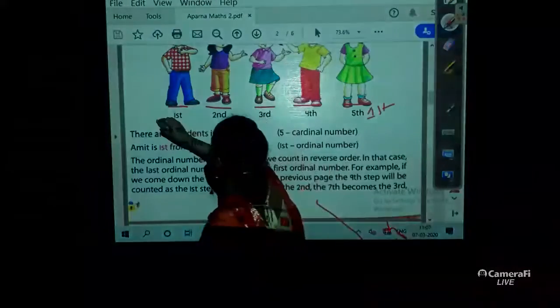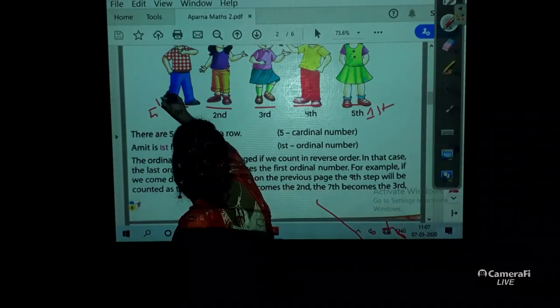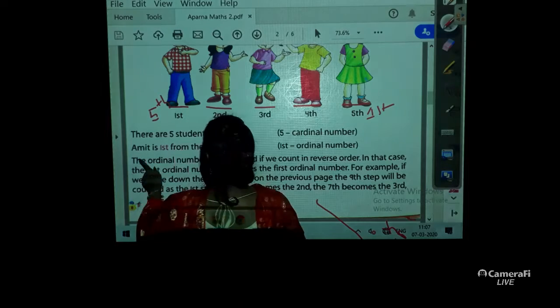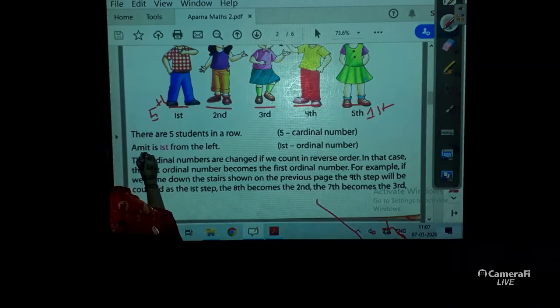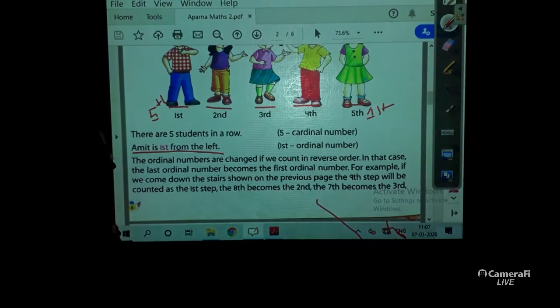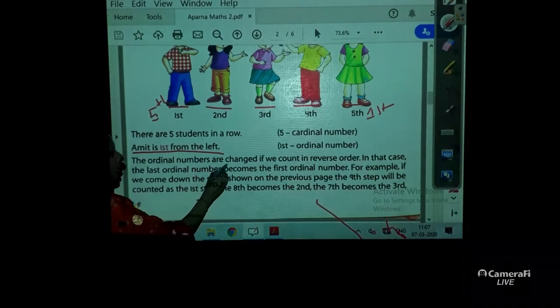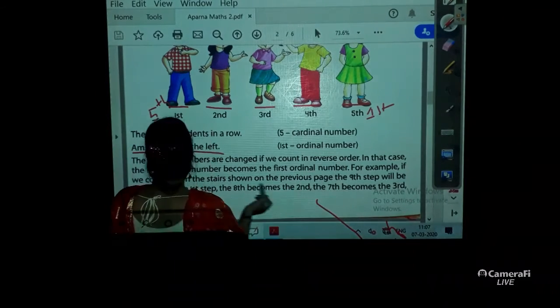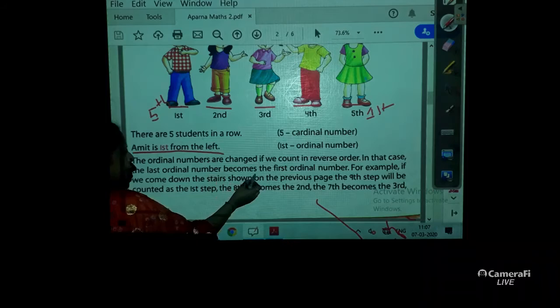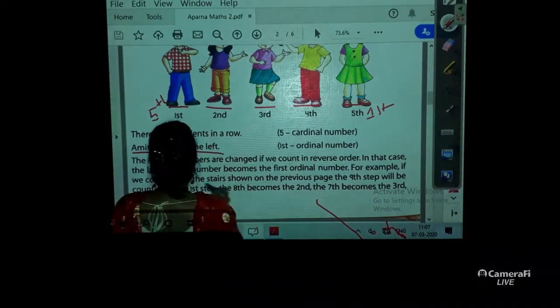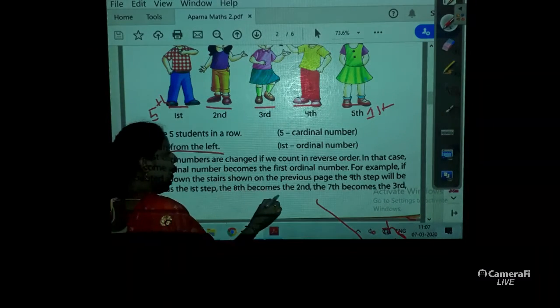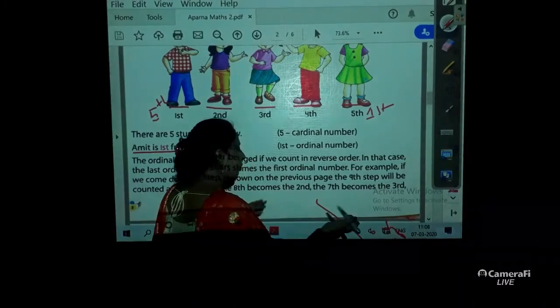Understood? And he will be fifth. So Amit is first from the left. The ordinal numbers change if we count in reverse order, and the last ordinal number becomes the first ordinal number. For example, if we come down the stairs, the 9th step will be the first.